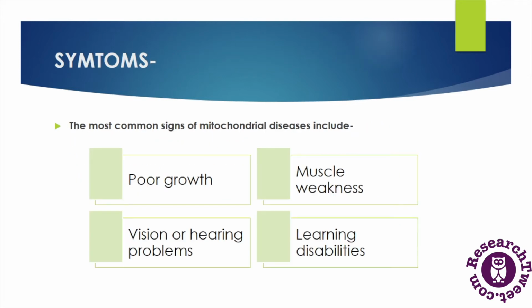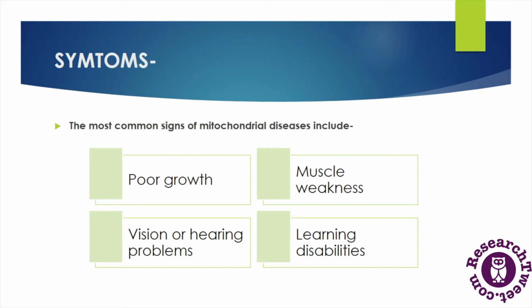So let's discuss the symptoms of mitochondrial disorders or mitochondrial diseases. Basically, all the symptoms of mitochondrial diseases depend on which cells of the body are affected, and the symptoms can range from mild to severe, involving one or more affected organs.